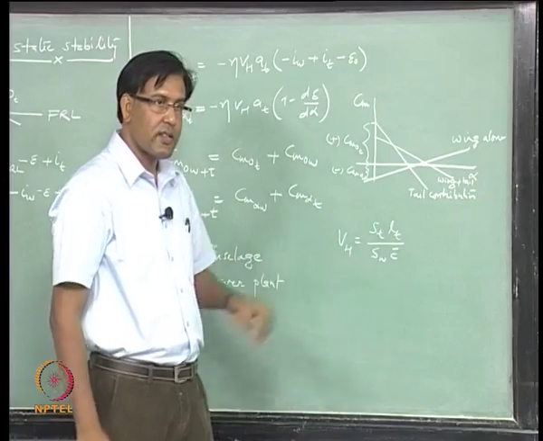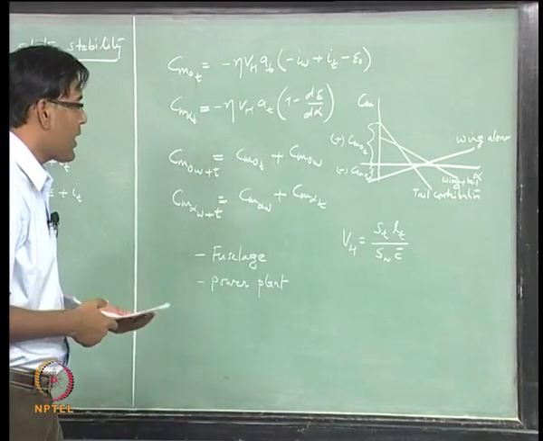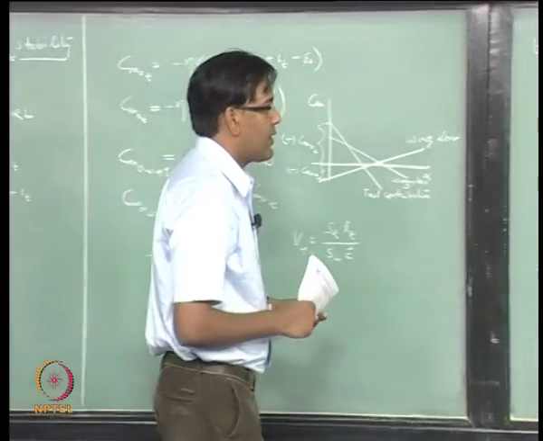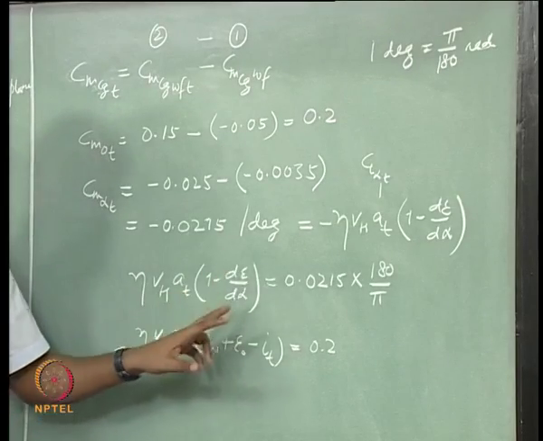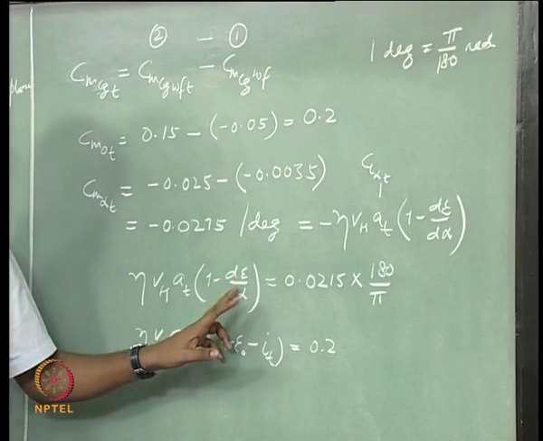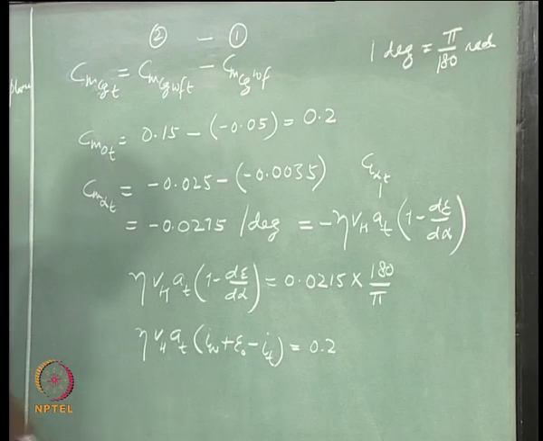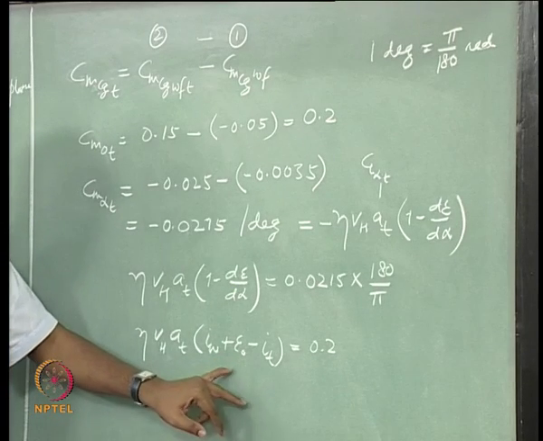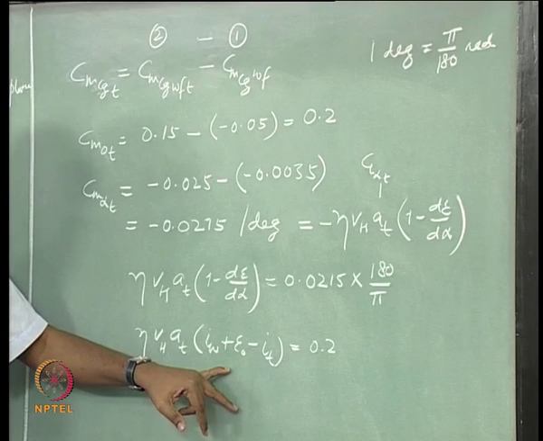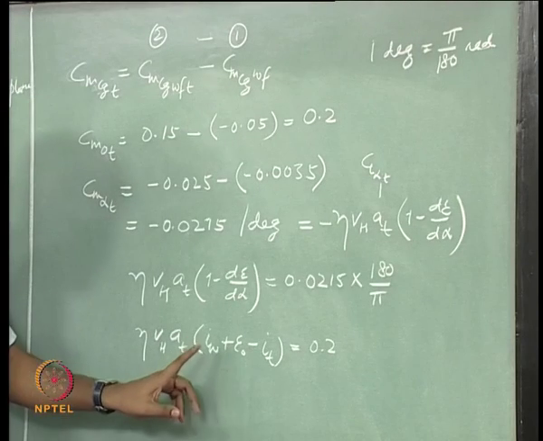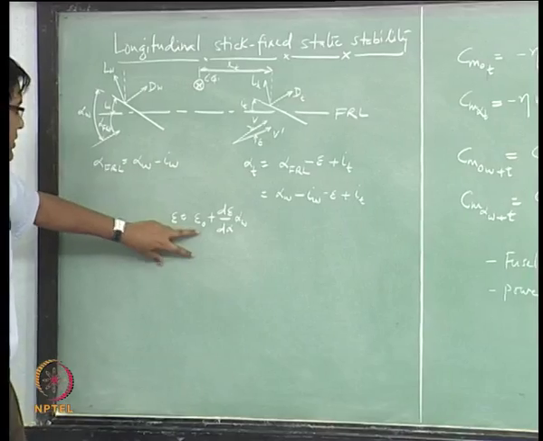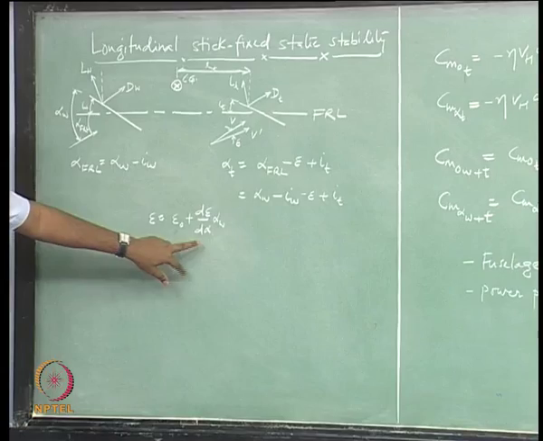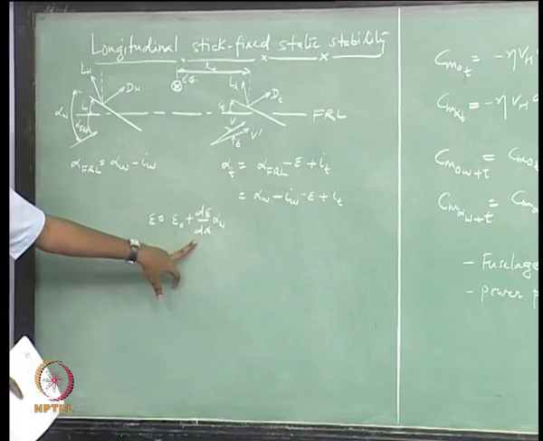Only ST is an unknown here. In the second equation, you do not know about this, and you also do not know about what is epsilon naught, right. IW is given. Okay. So, let us try to find out what is epsilon naught and what is d epsilon over d alpha.